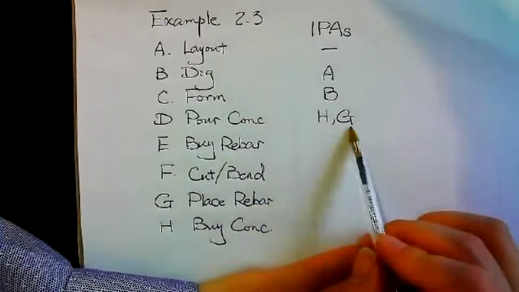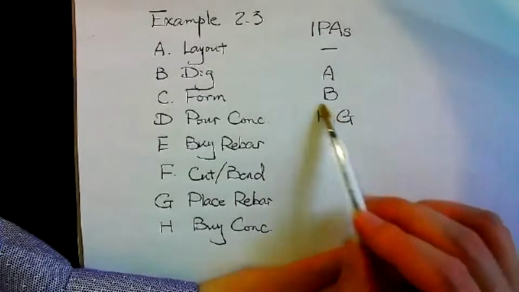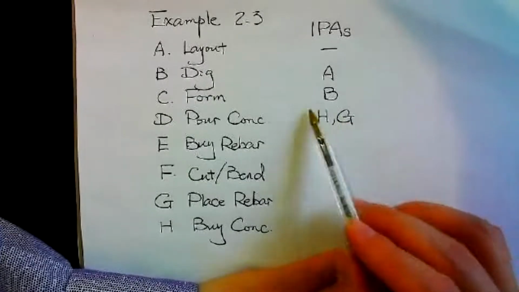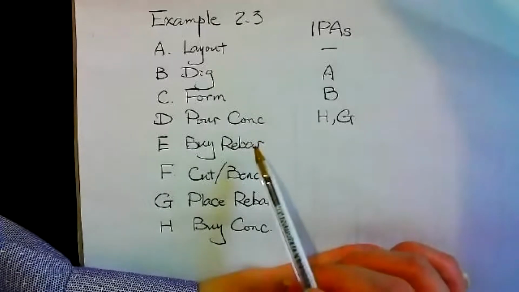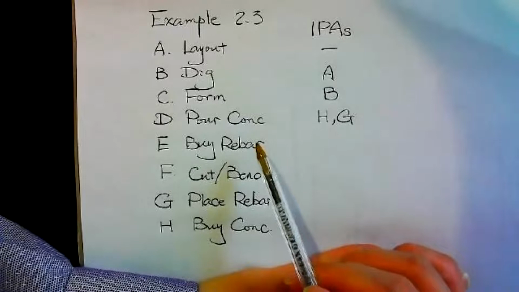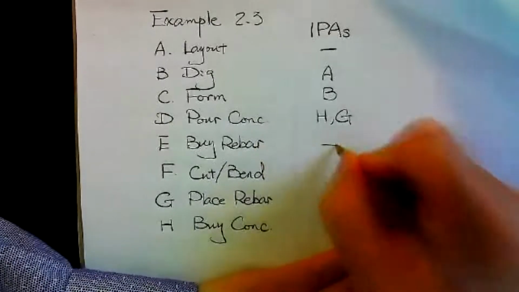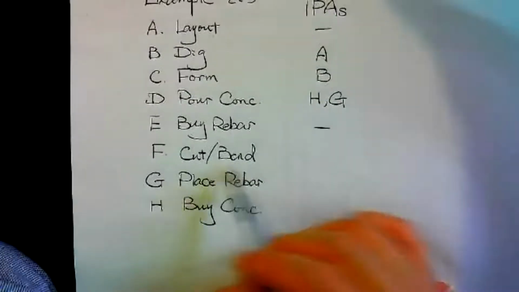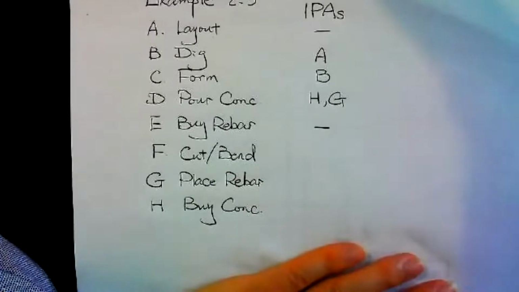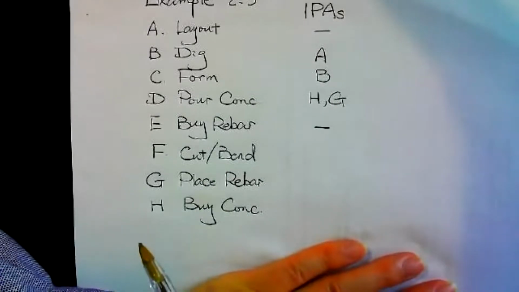This one has two of them, because one is a procurement type of activity. Okay, buy rebar. I can buy it anytime. So typically for procurement, no IPAs. Okay, cut and bend. Which one should be finished before I can cut and bend the rebar?